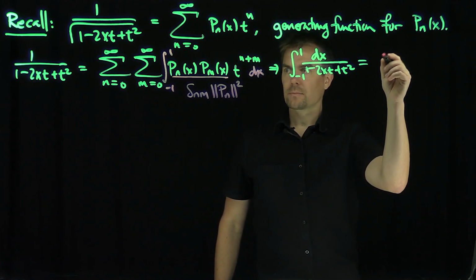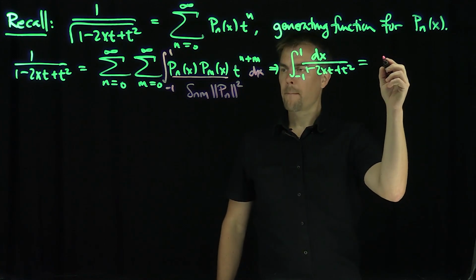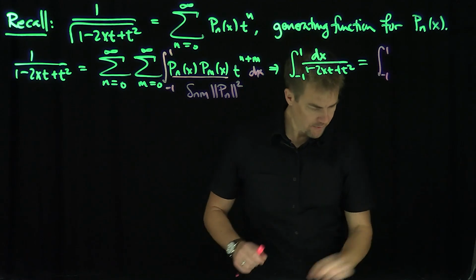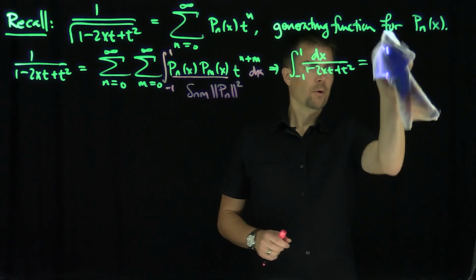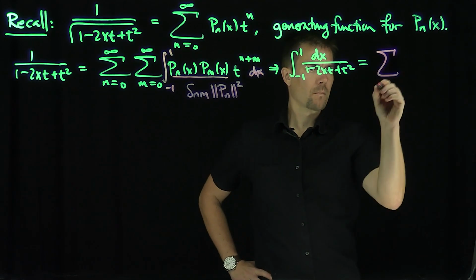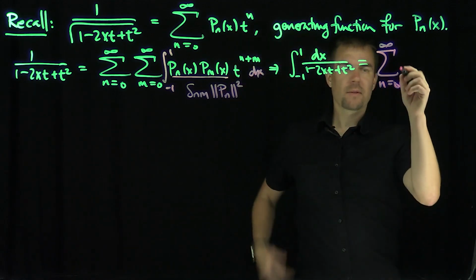This is going to give us the integral from -1 to 1 of Pn. But of course, I have to sum this up, right? We're going to sum n goes from 0 to infinity. So I'm going to replace all the m's with n's, right? And then we're going to have a what?